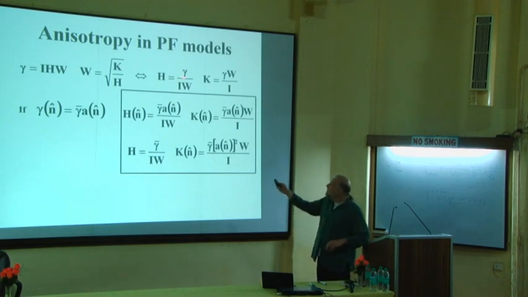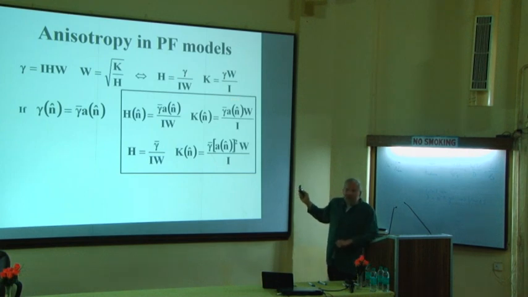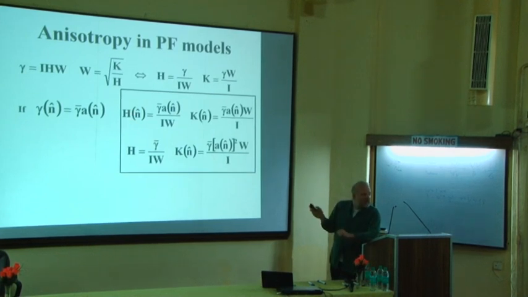I can say, if I have a given gamma and a given interface thickness, well, I can calculate the coefficients k and h, which are just given by these formulas. Which means that now if I want to make my surface tension orientation dependent, well, I just have to make these coefficients k and h orientation dependent.